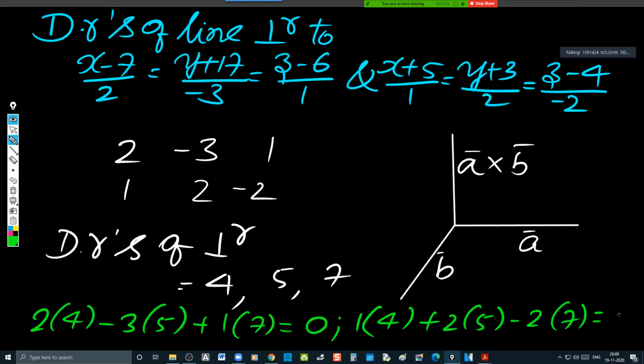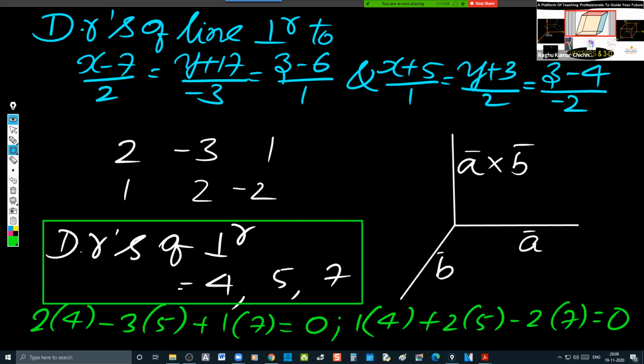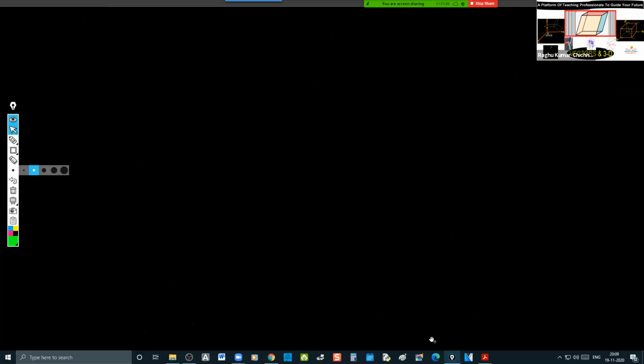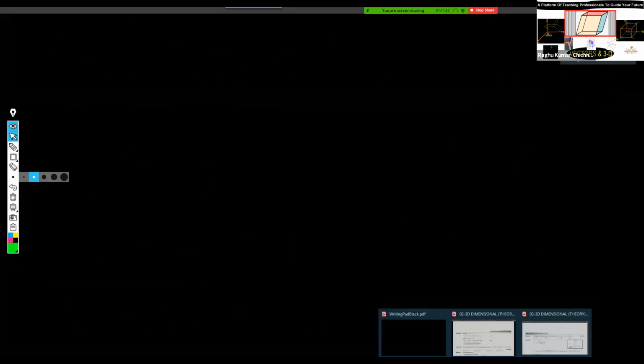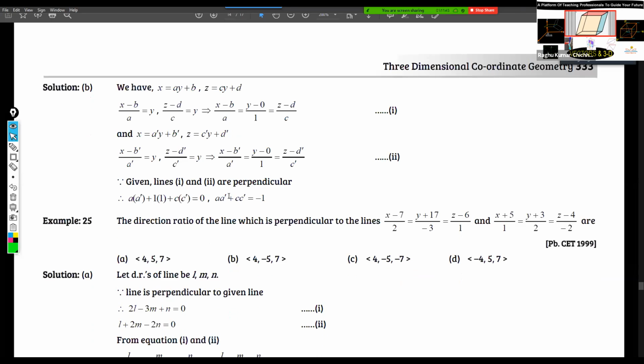Yes, sir. That's it. So your answer is: DRs of the line perpendicular to both is nothing but 4, 5, 7. So if you want a line which is perpendicular to two lines, you have to simply find out the cross product.